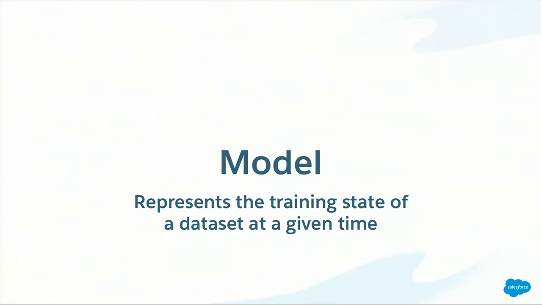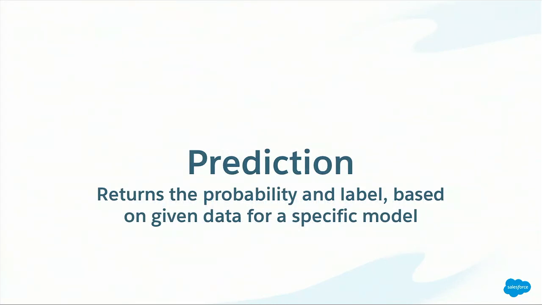So why is this important? Because at a later point you want to predict an image, or you want to predict text. And you do this later based on a model. We call that then prediction. And this returns the probability and the label based on given data for a specific model.